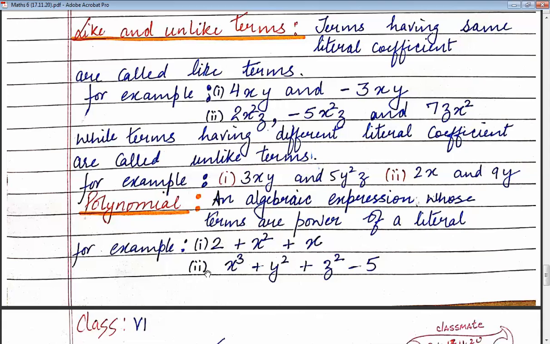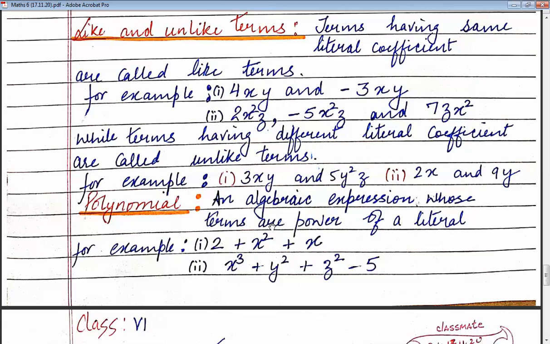Let's look at the second part. x cube plus y square plus z square minus 5. Again, this is a polynomial because here we are having variables and we have the powers of variables. What is the power of each variable? x power 3, y power 2, z power 2.